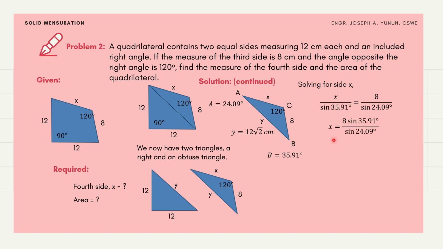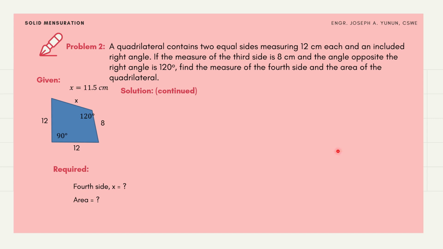Then simplifying that, we arrive at this equation, 8 sine 35.91 all over sine 24.09 degrees. Then using your calculator, the value of the fourth side is 11.5 centimeters. So the fourth side is 11.49, so I just approximate that value to 11.5.